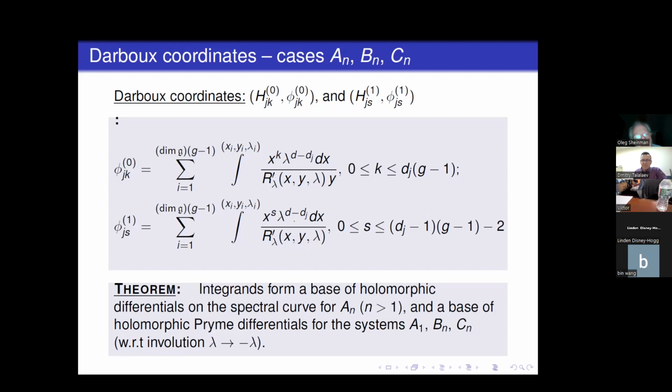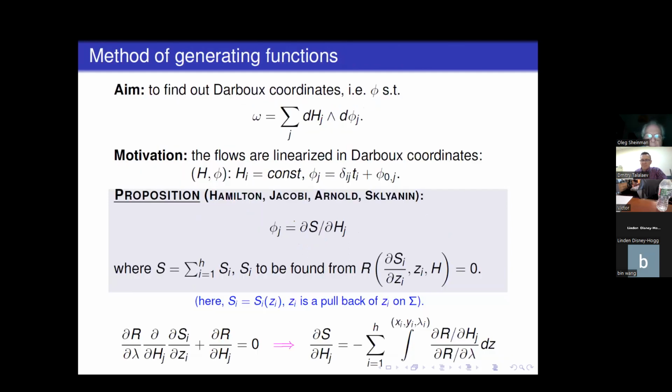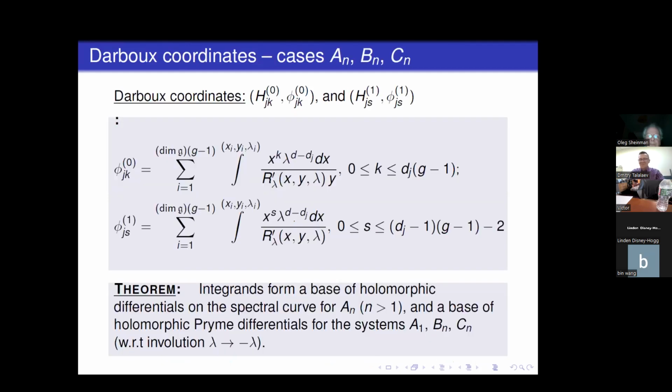Okay, but by calculation, the method of generating functions gives us certain expressions for integrands, and these expressions are skew-symmetric, not symmetric. And this is the reason for the appearance of the Prym variety. Sure. Cheers. Okay. Yes. Thank you.